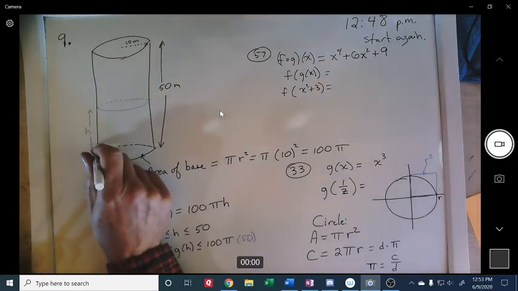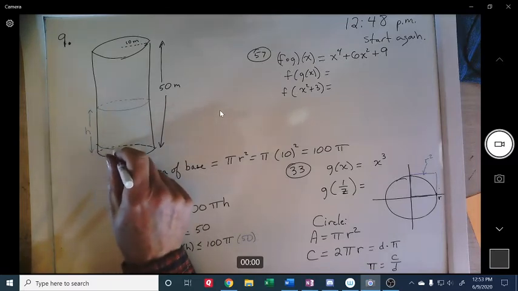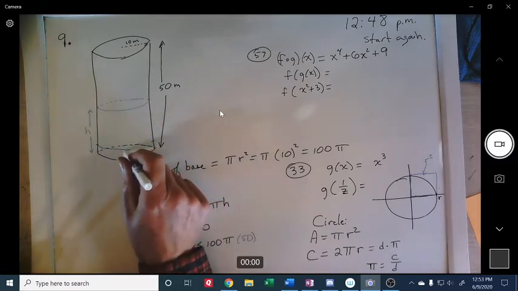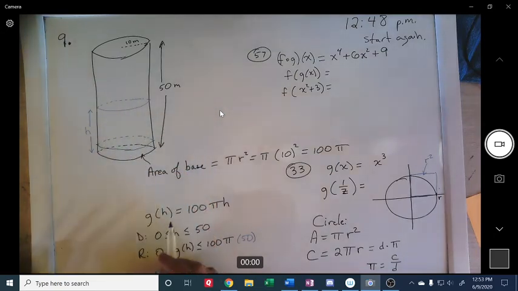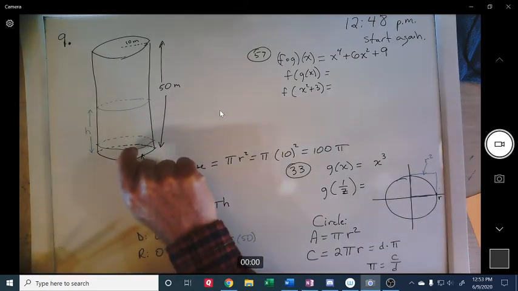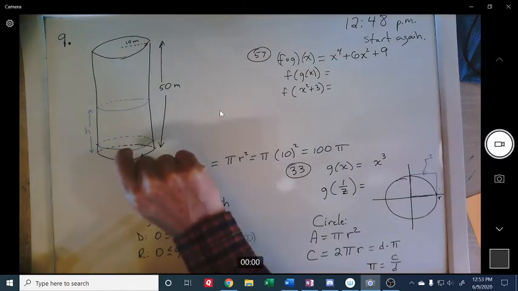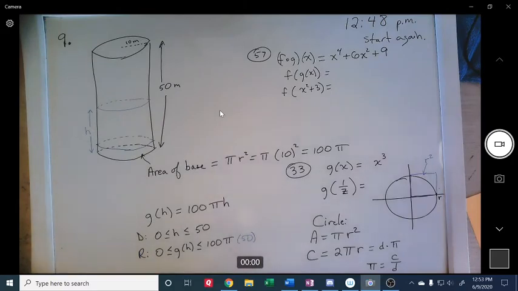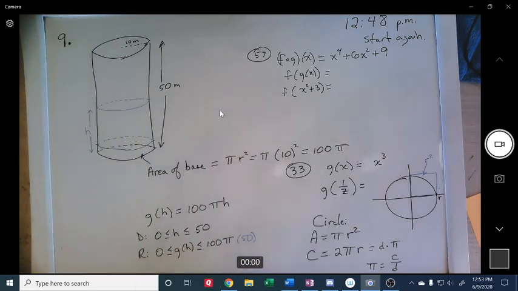If this was 1, the height from here to here, if you had a thin sheet of this, so the height of the water was just 1 meter, you'd get that disk, and it would also be the volume of that layer right there.